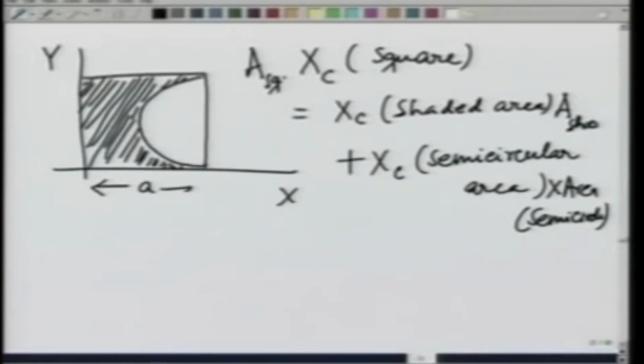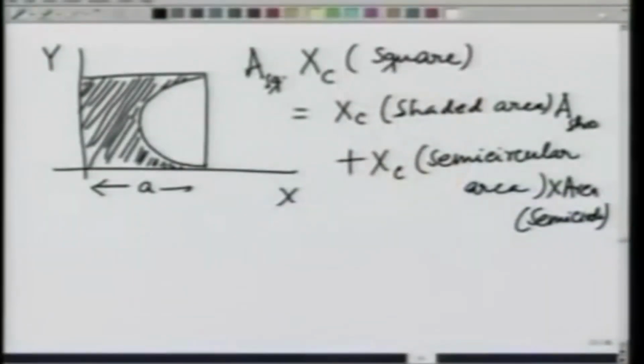So, area of the square times the centroid of the square is going to be equal to area of the shaded area times the centroid of the shaded area plus xc of the semicircular area times the area of the semicircle.